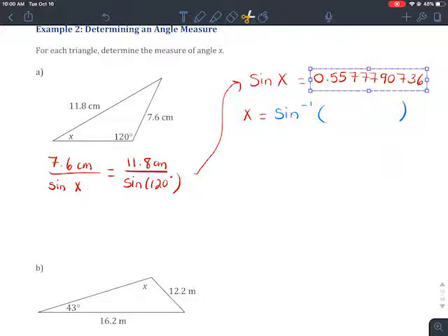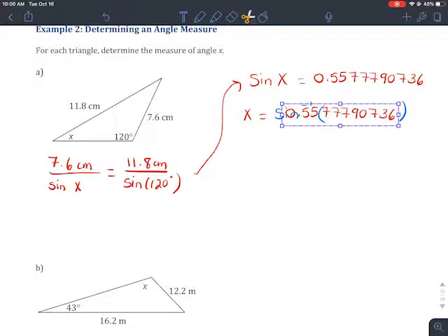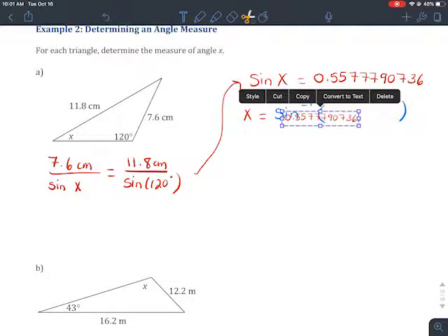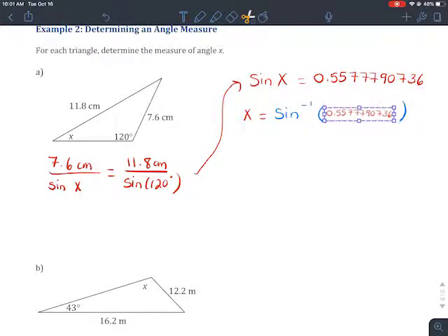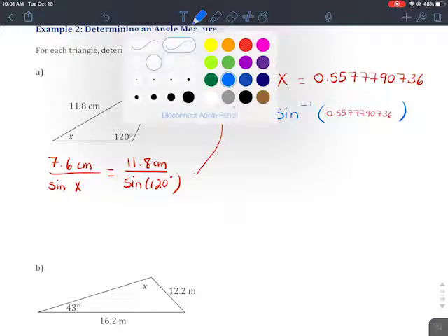So whenever you find that button on your calculator, it will give you the sine to the power of -1 with all of the brackets as well. Okay, and what you're going to put inside of those brackets is that very long decimal that we got from our previous step.